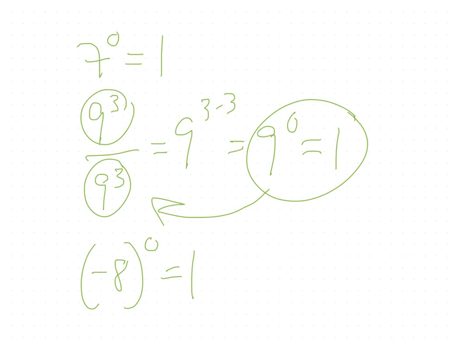And in number sense, a number being divided by itself will always equal 1. 7 divided by 7 is 1. 10 divided by 10 is 1. 9 to the 3 divided by 9 to the 3, which in exponential form is 9 to the 0, equals 1. Okay, excellent. Let's move on to negative exponents.